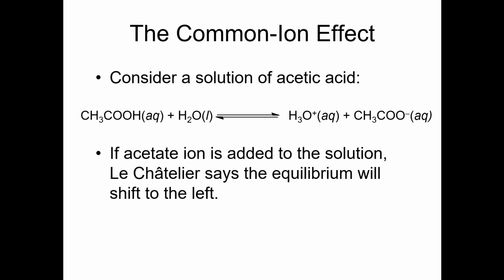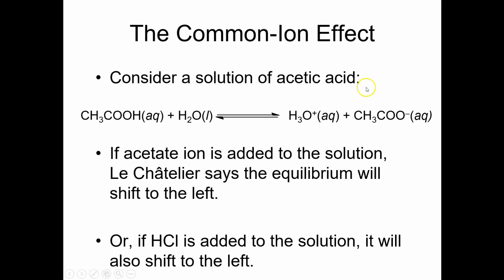If we add acetate to this, or if acetate is already present when I try and do this ionization, Le Chatelier's principle says that the equilibrium will shift to the left. It will shift toward reactants. The extent of the ionization of acetic acid will be less if there is acetate already present.